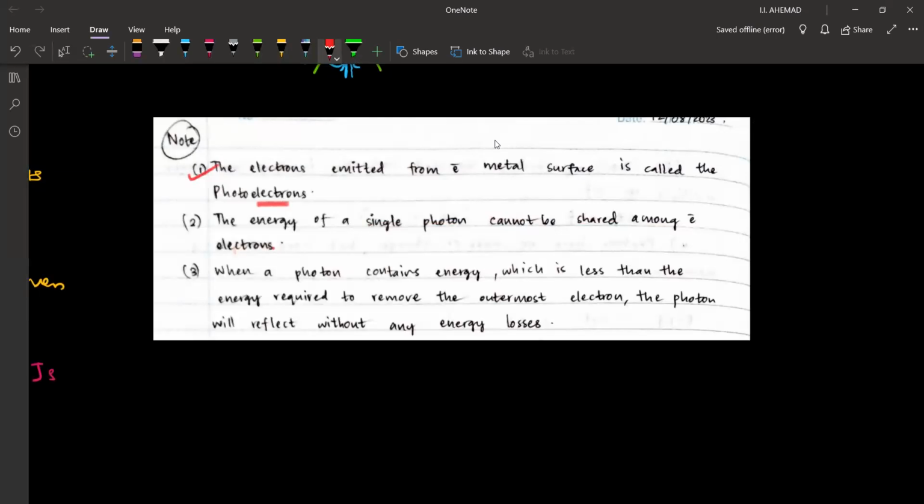Third, when a photon contains energy which is less than the energy required to remove the outermost electron, the photon will reflect without any energy losses. So that is also clear. We just discussed now.